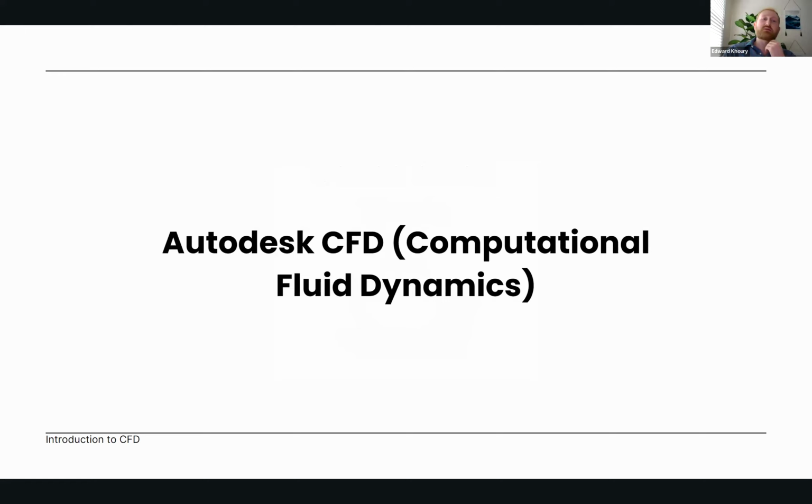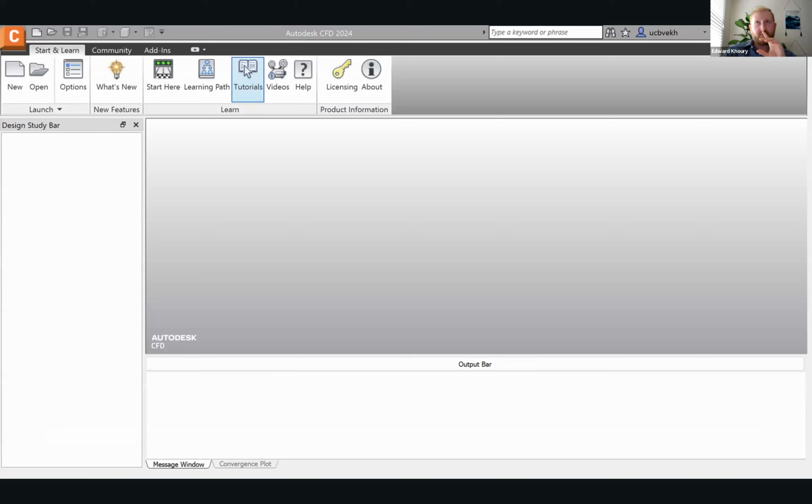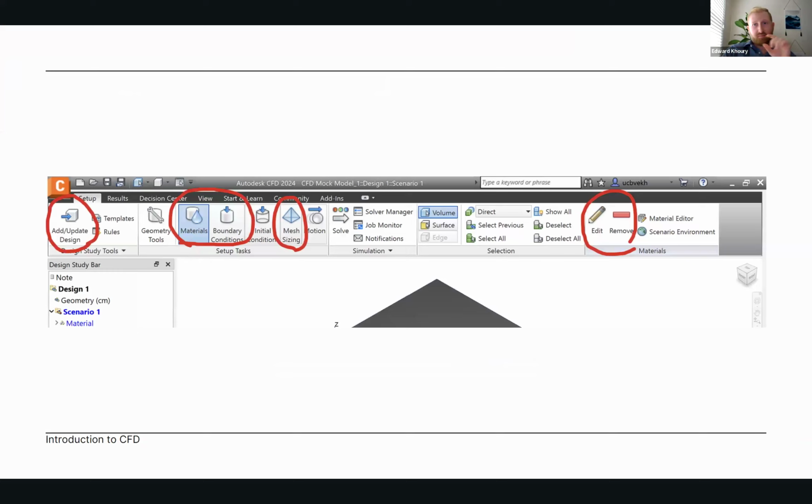CFD is good for wind flow, but can be used as water flow in one direction as well. So the main interface before you load a model looks like this, but once you load a model, there's important keys that you guys are going to be using primarily.